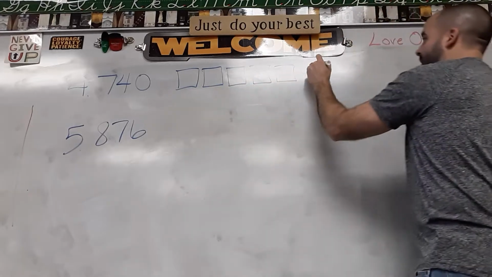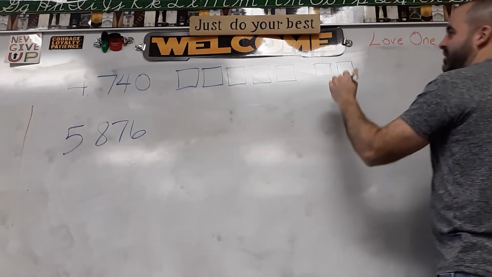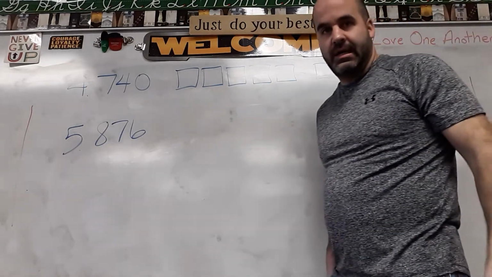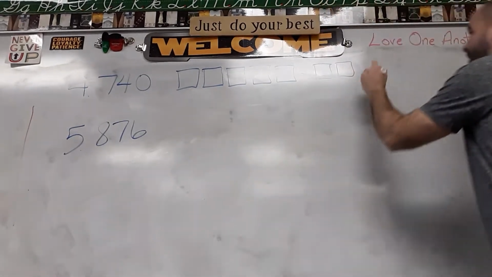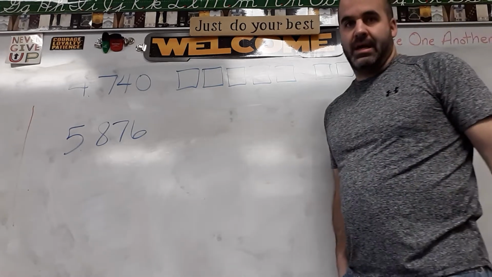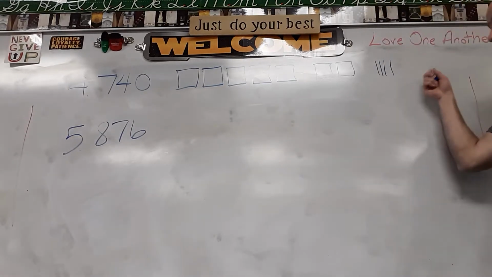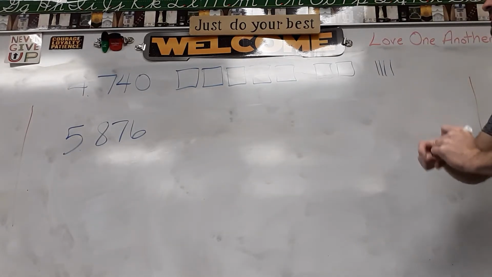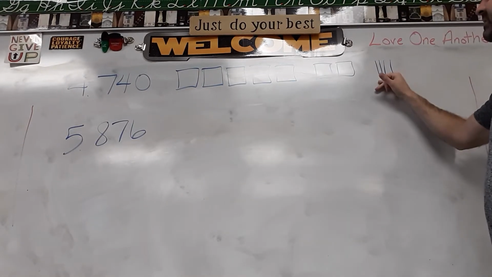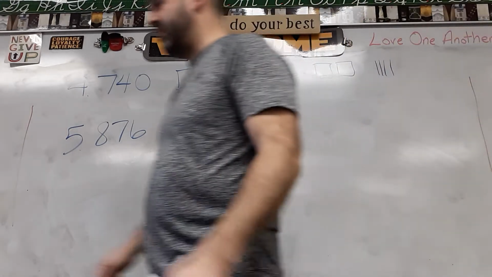And then 2 more. 5 plus 2 is 7. And then how many sticks do we need? 4. Good. Okay. How many ones? Yeah, 0. Don't need any. So that's it. We have 700s and 4 tens. 740. Good. All right. Let's go to number 5.